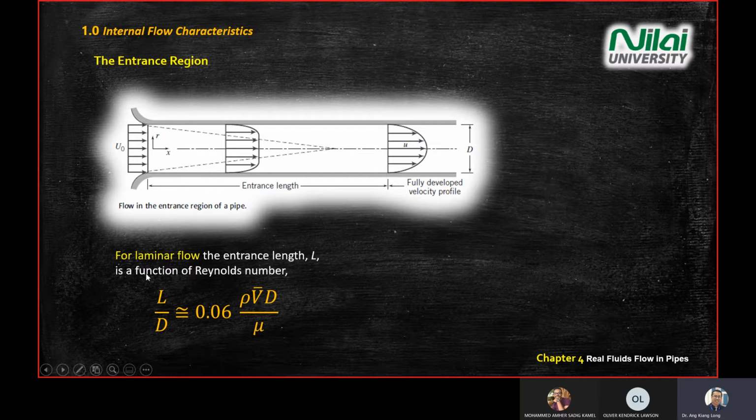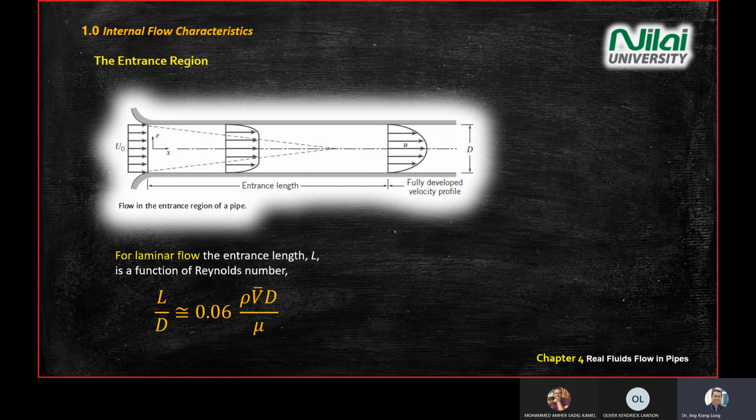So there are two methods that you learned this afternoon to define the flow regime. How do you know it is a laminar flow? The first, you check the Reynolds number, rho V d divided by mu, less than 2300. In this chapter, we use 2300.